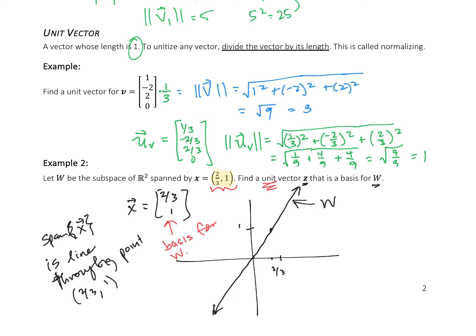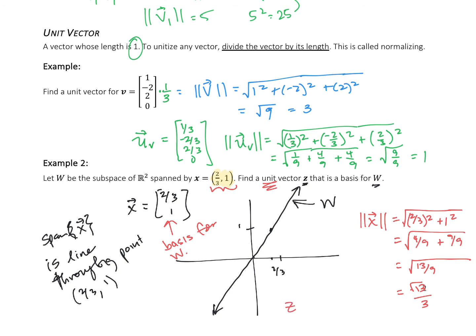So the first thing we need to do, again, is find the length of x, which means finding 2/3 squared plus 1 squared, going to give us 4/9 plus 9/9, which is a whopping 13/9, whose square root is square root of 13 over 3, which is not beautiful, but who cares? So this is my magnitude, or that's my length, which means I'm going to take my x vector and divide by that.